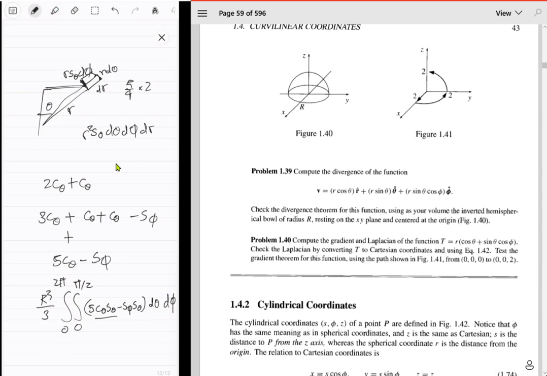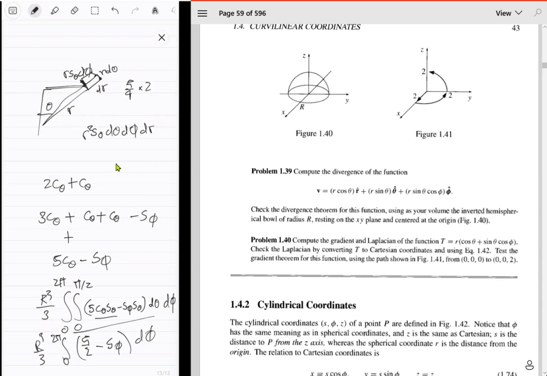So this will be 5 upon 2 minus this guy. The integral of sine theta from 0 to pi upon 2 is just 1. So just minus sine phi over there. This is what this integral will be. And then you got d phi, the integration from 0 to 2 pi of this guy, and you got r cubed upon 3. Sine phi going from 0 to 2 pi, we can see what's going to happen.